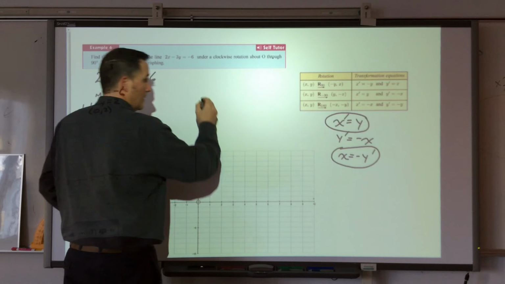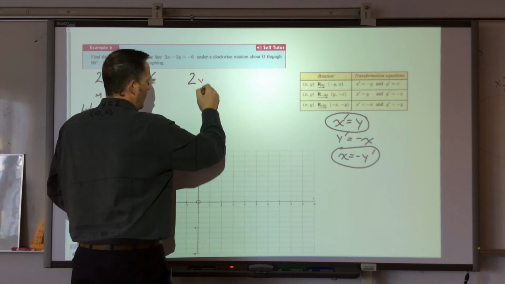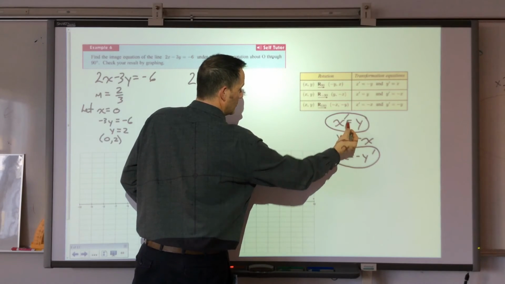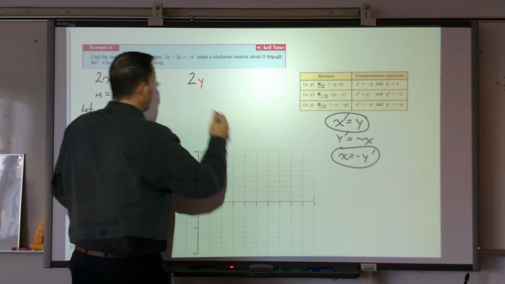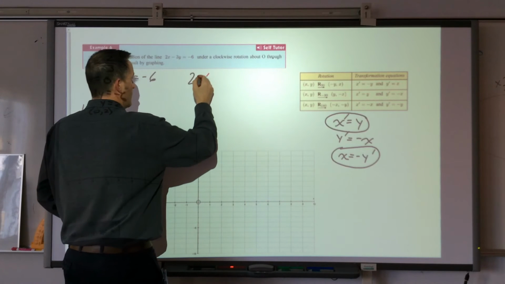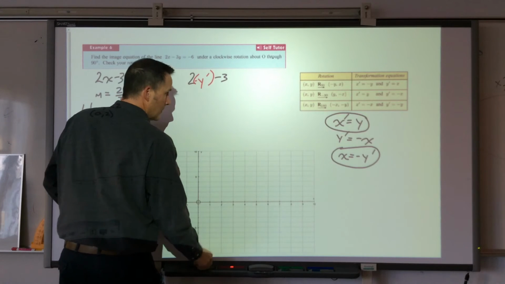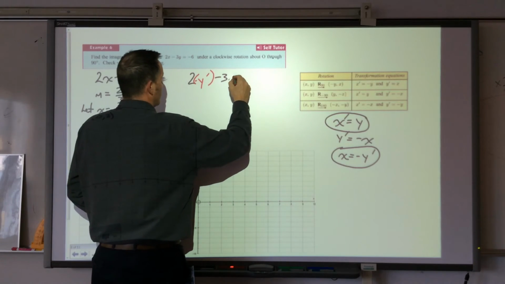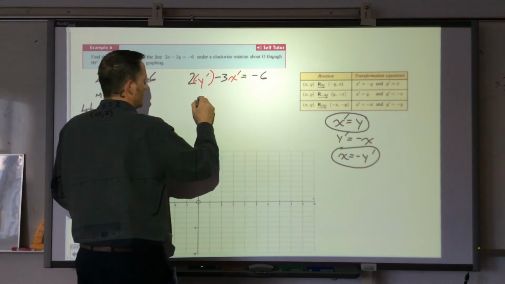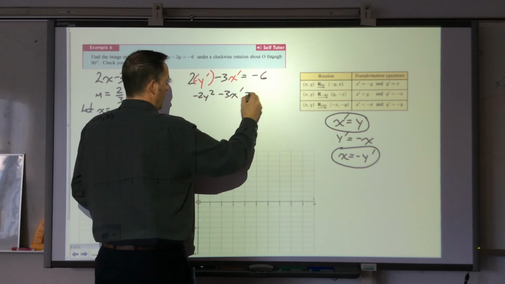So I've got 2 times negative y prime, because x is equal to negative y prime, minus 3 times y, which is equal to x prime, equals negative 6. So I have negative 2y prime minus 3x prime equals negative 6.